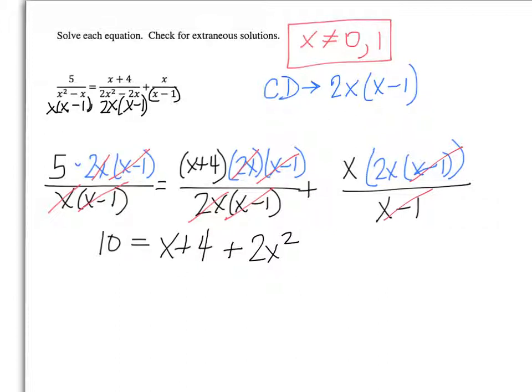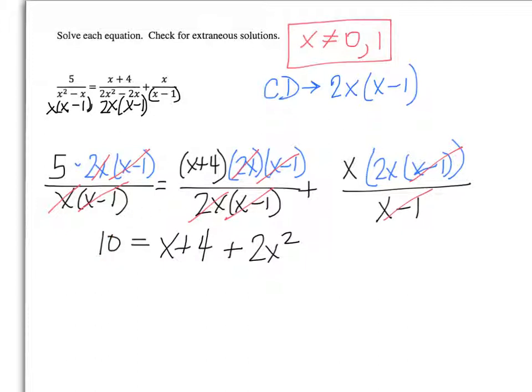This remaining equation of 10 equals x plus 4 plus 2x squared has to be solved. Recognizing that it's a quadratic, we need to put it in descending order, and equal to 0. So I have to move it over.